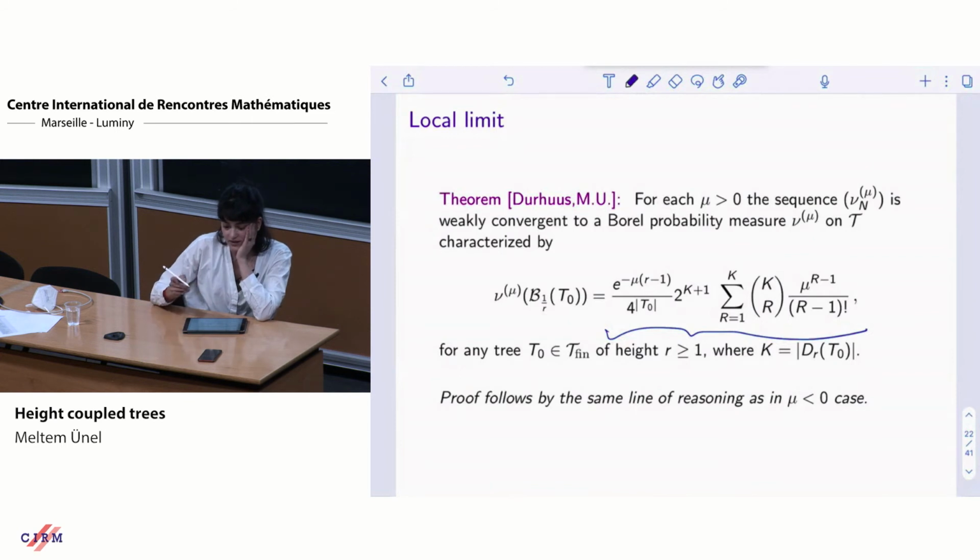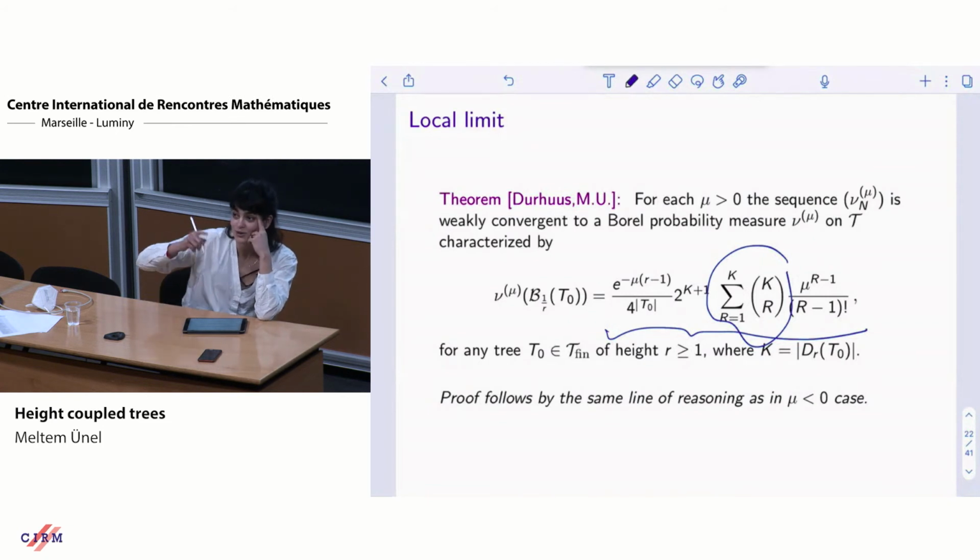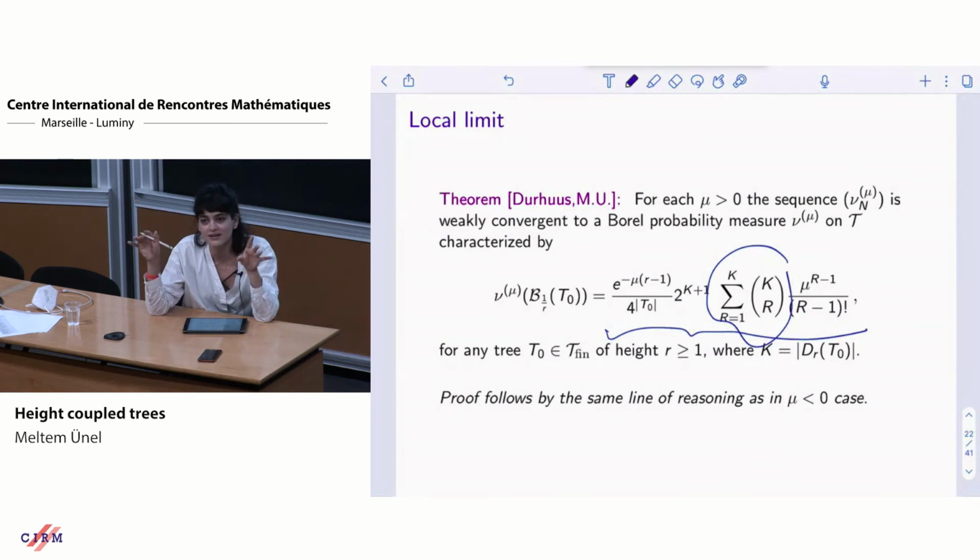Now I don't have a k factor, but I have this combinatorial factor here, which tells me to choose r of these k vertices, which says that these are going to be the vertices on top of which I'm going to attach, on top of which there are going to be grafted infinite trees, and the rest are again going to be independently distributed, and they are going to be critical Galton-Watson trees. And we're going to analyze the properties of this measure in detail in a moment, so I'm not going to say more about it.